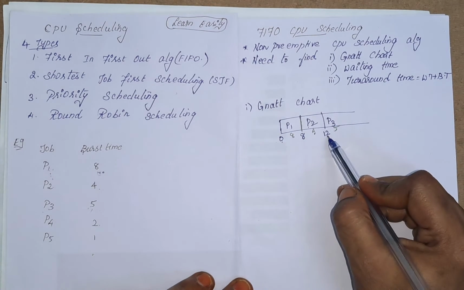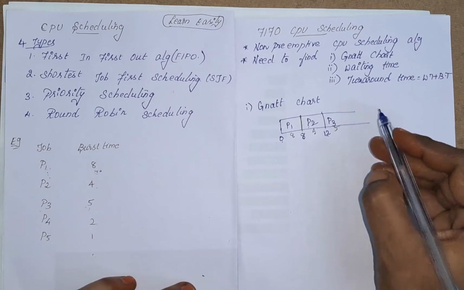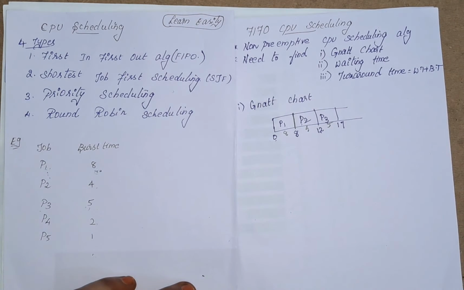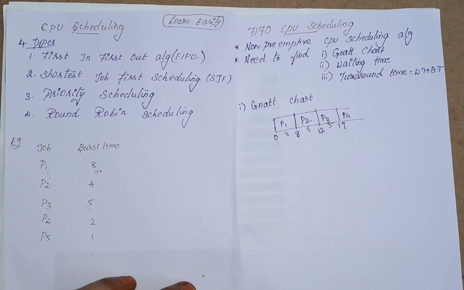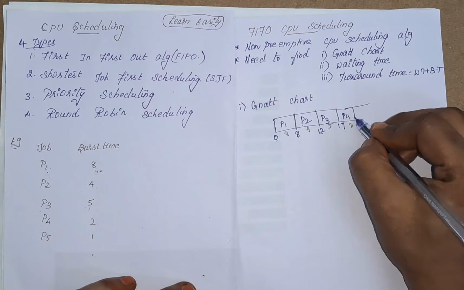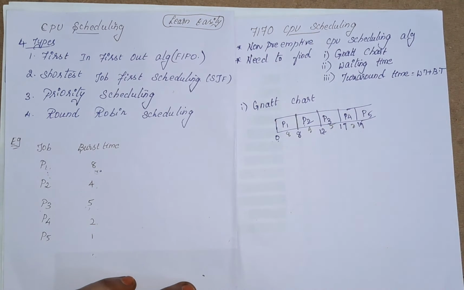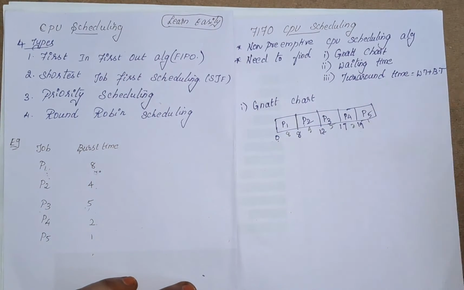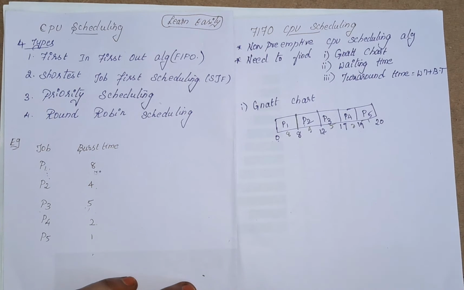P3 starts after 12 seconds and completes at 17 seconds. Next is P4, which takes 2 seconds, so it completes at 19. The final one is P5, which takes 1 second and completes at 20 seconds. This is our Gantt chart.